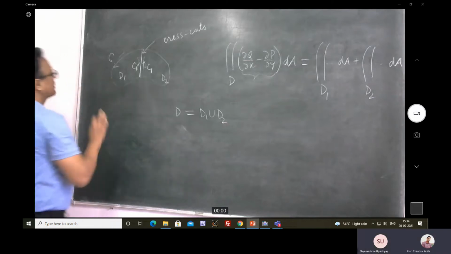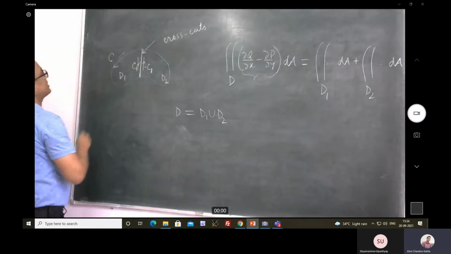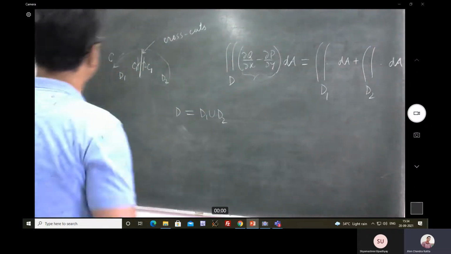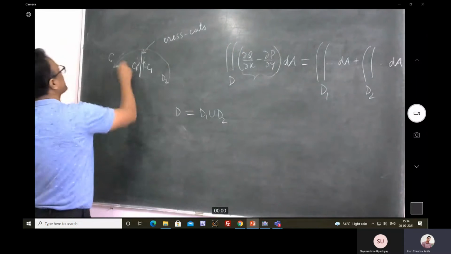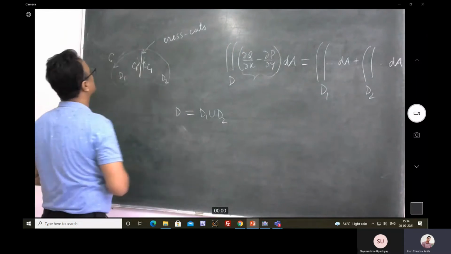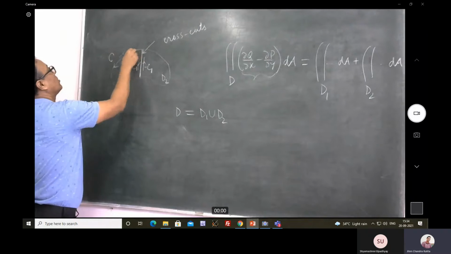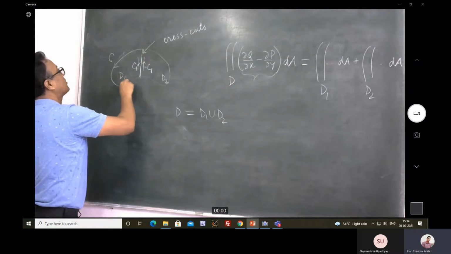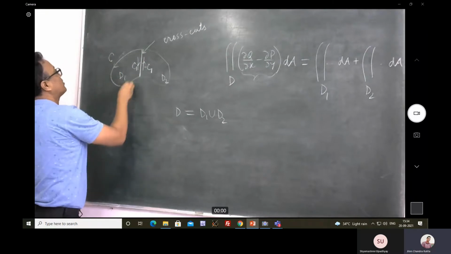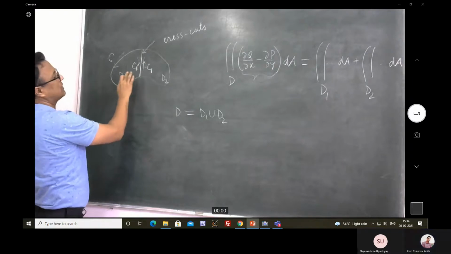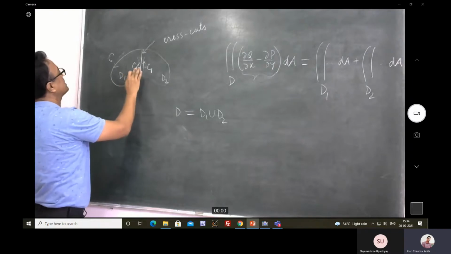Now you can see that D1 is a simple region here, and D2 is a simple region here.